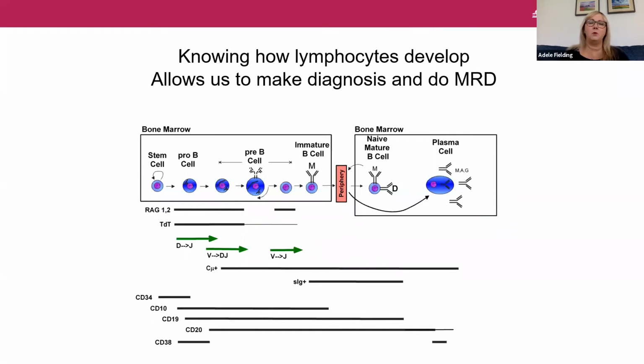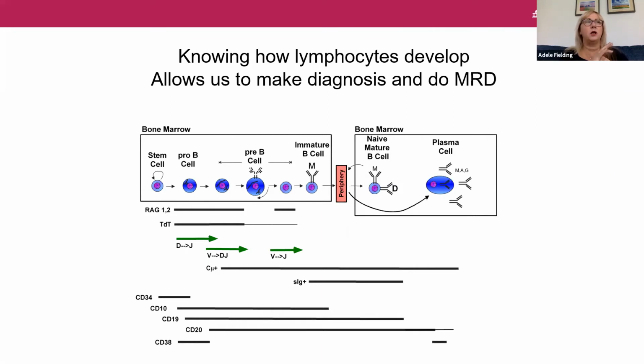So the way that minimal residual disease tests are mostly done in Europe is by developing a patient-specific assay. So for each individual, you identify exactly what their leukemia cells are up to in terms of how it's developing the genes and putting them together as if they were going to start making antibodies.